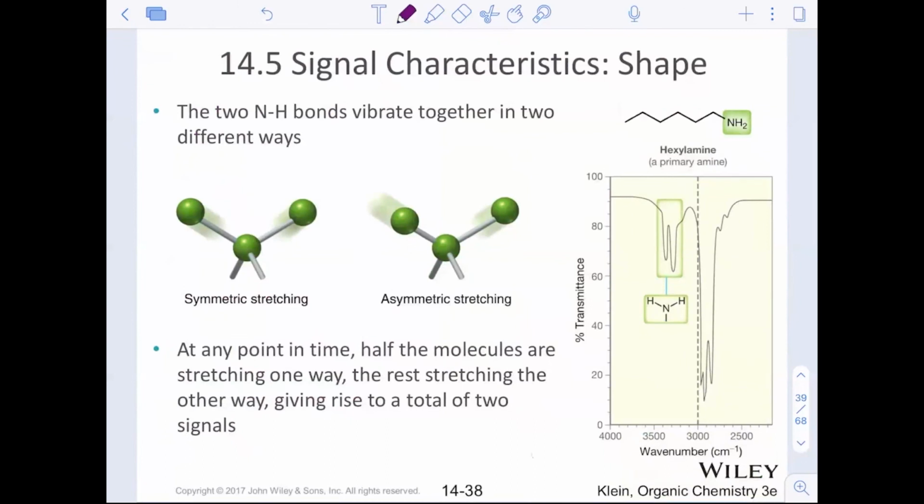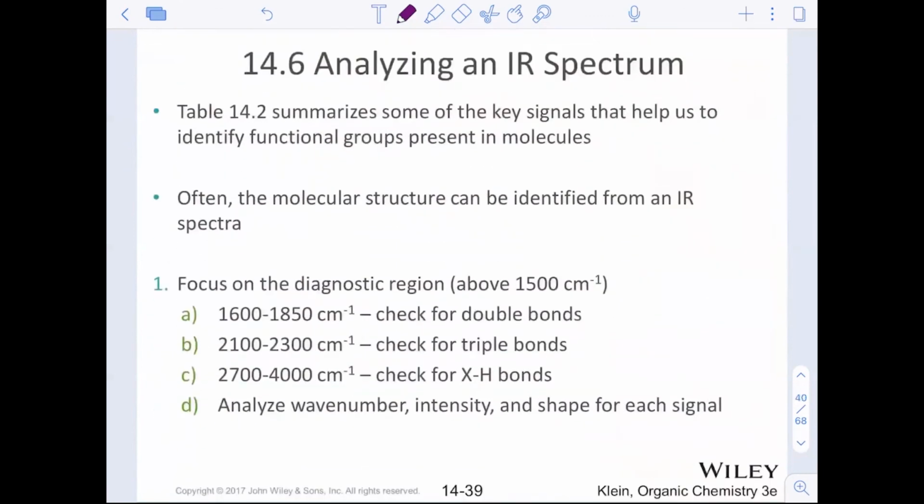Again, 2 NH bonds can vibrate in 2 different ways. There's the symmetric stretching, where they go out and in at the same time, or they can do asymmetric stretching. And so that's why we see 2 signals. It's not technically 1 per hydrogen. It's based off of the combination of stretching. Half the molecules are stretching one way, the rest of the molecules are stretching another way.